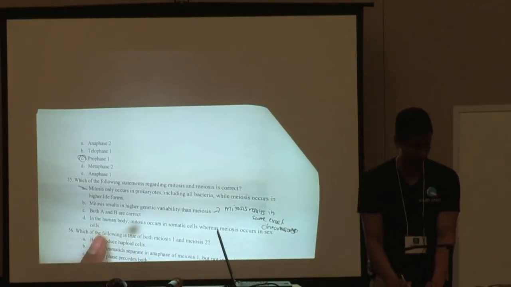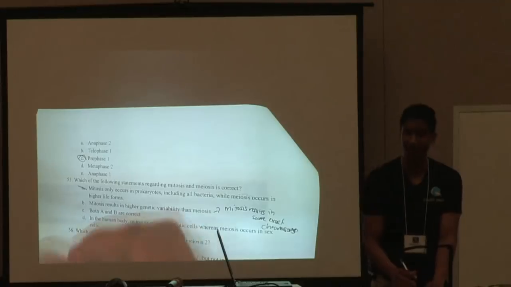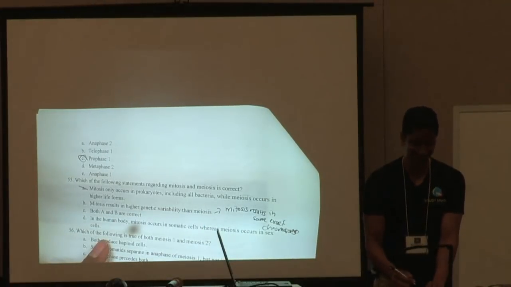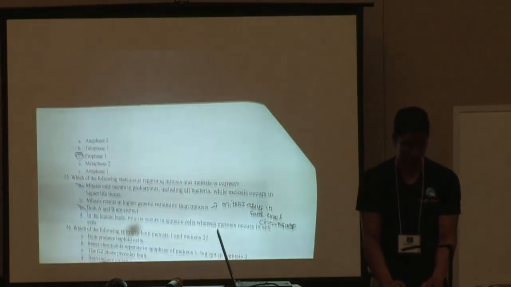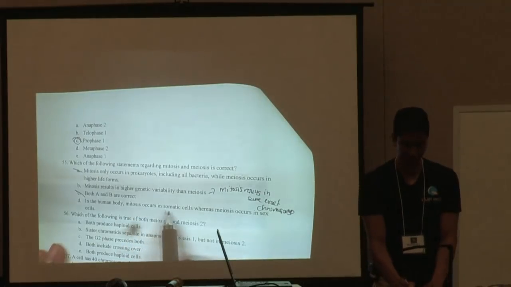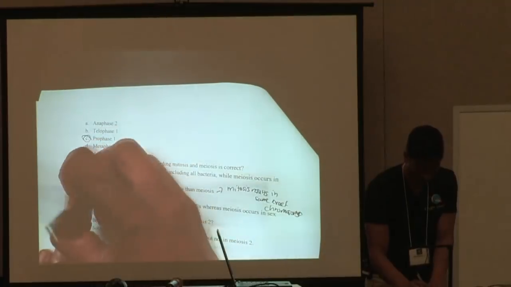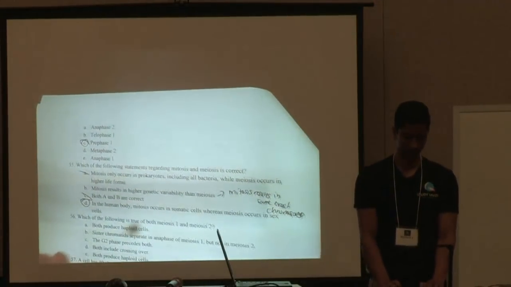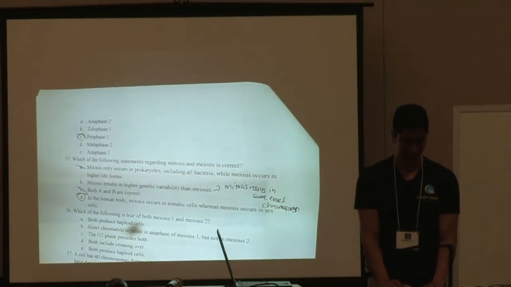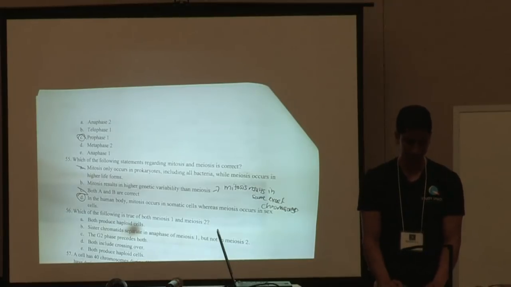So can it be C at this point? No. In the human body, mitosis occurs in somatic cells, whereas meiosis occurs in sex cells. Yep, that's true. So it's D.